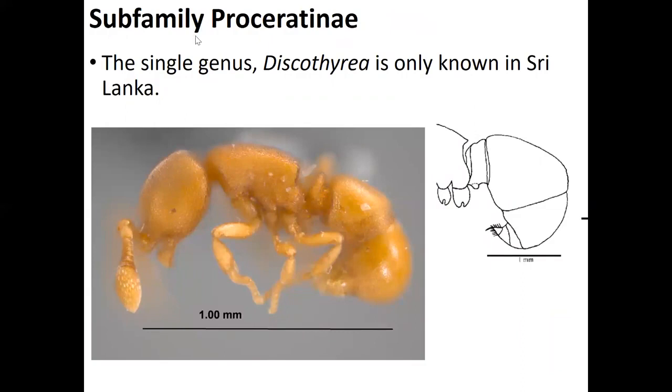Then moving on to the last one, subfamily Proceratinae. It's not included in the key because it was only recorded from Sri Lanka in 2018. The single genus is Discothyrea, and Discothyrea specimens in lateral view appear in this manner. The illustration shows a one-way segment here.